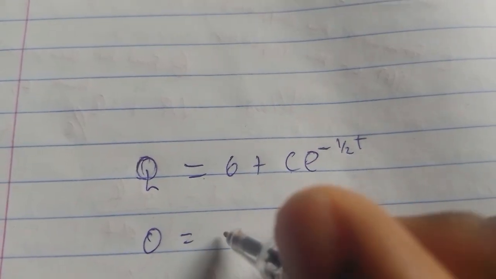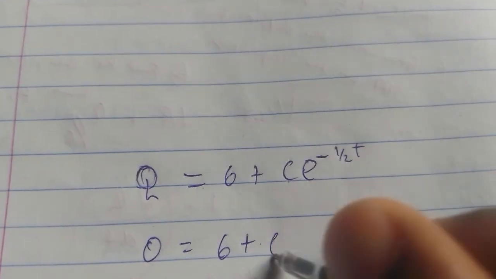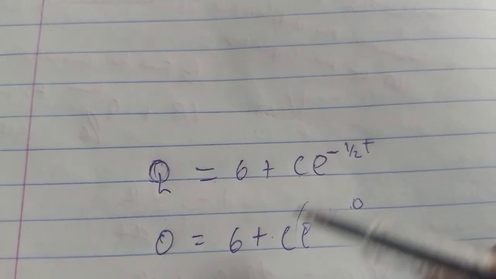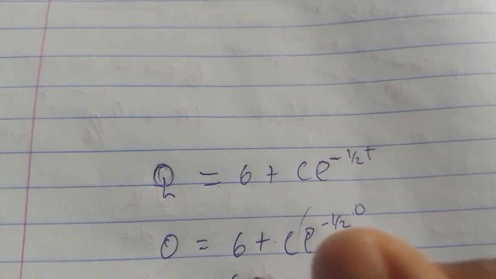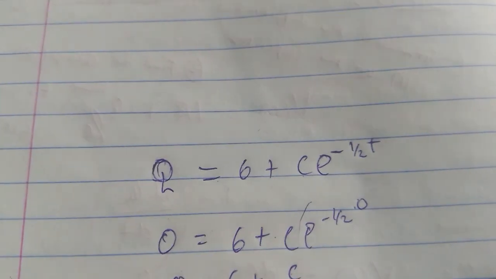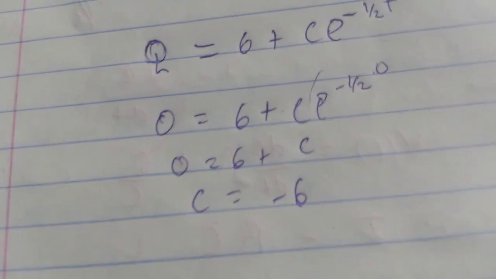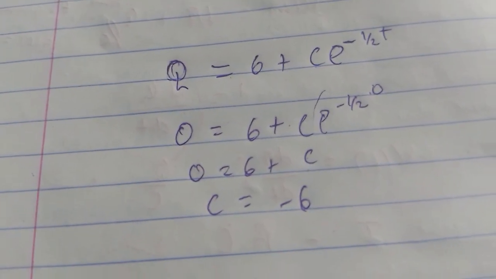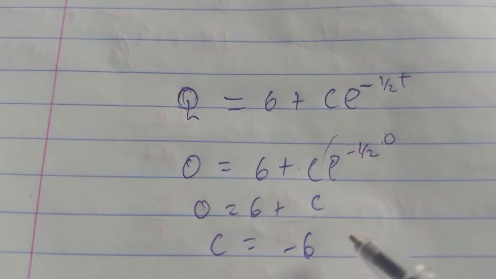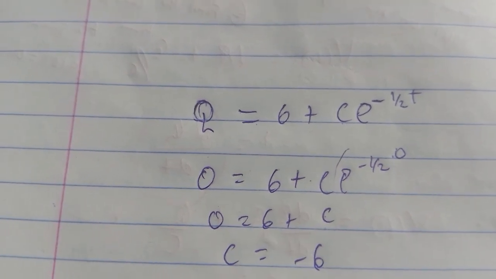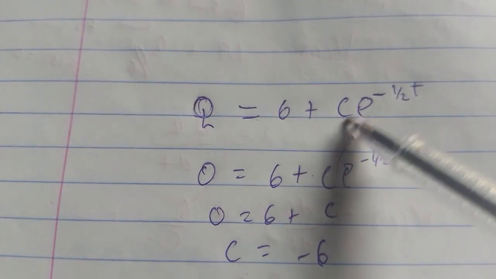So 0 is equal to 6 plus c exponential negative half times 0. This becomes 1. So I have 0 is equal to 6 plus c, so that my c is equal to minus 6. Now what to do is replace minus 6 here.